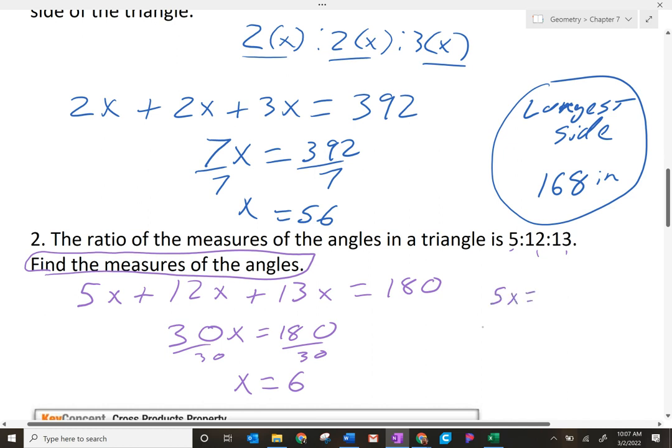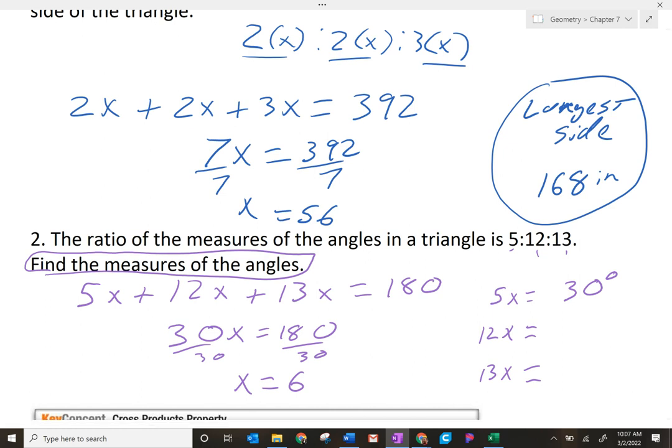That 5x, that 12x, and then that 13x. So my first angle will be 30 degrees. My next angle will be 72 degrees. And my last angle will be 78 degrees.